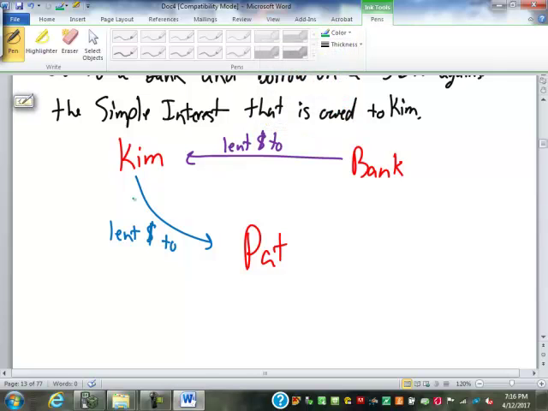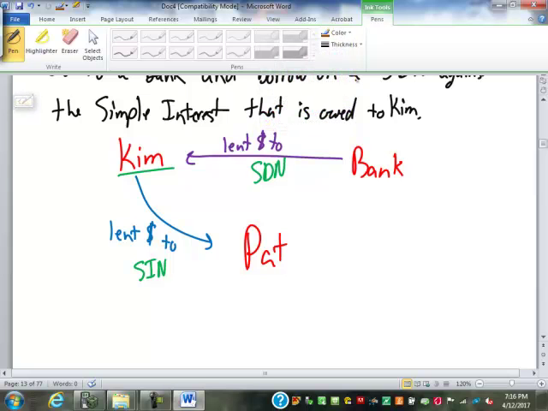And again, remember, this original note from Kim to Pat was that simple interest note. The bank is lending the money to Kim on a simple discount note. Yes, I understand what that acronym is. Simple interest note is SIN. We'll live with it.